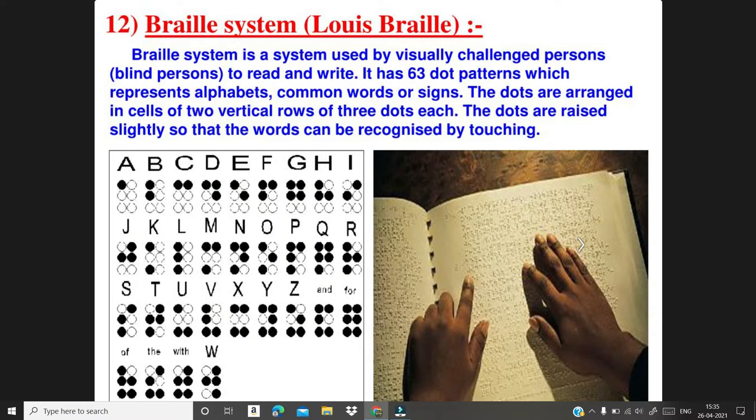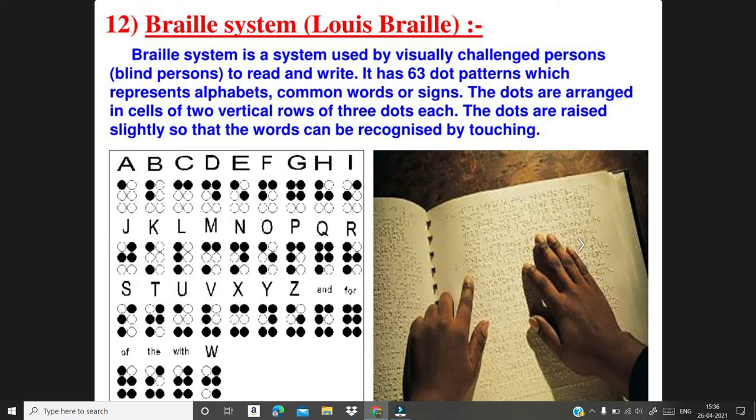Now, the Braille system. This is the system usually used for visually challenged persons, meaning blind persons, who cannot read and write. Obviously, if the person is not able to see, how can he read the content in the book and how can he write?